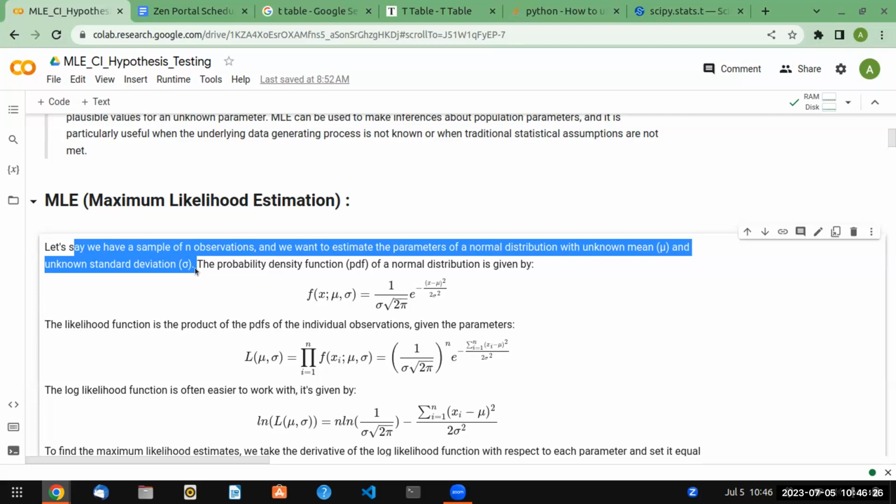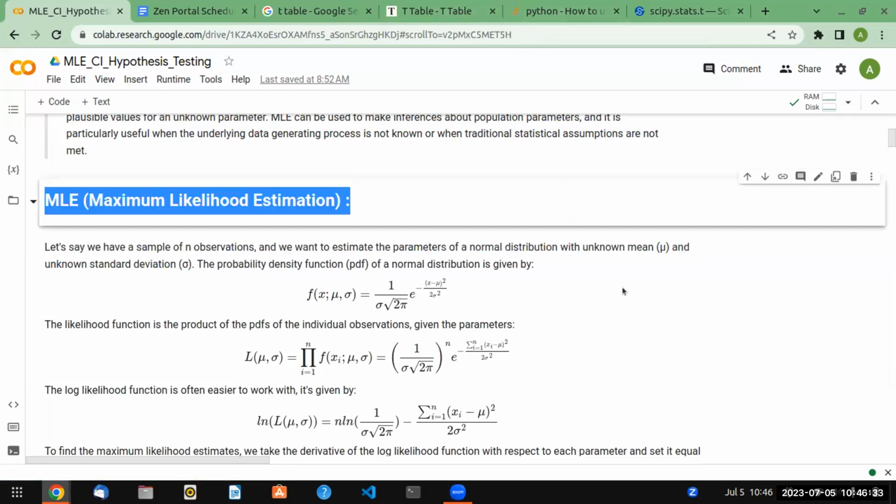By understanding this concept, you can understand how the mean and standard deviation formulas were derived. The standard deviation formula is the root of the summation of xi minus mu. This was the standard deviation formula. How this formula is derived, you will understand from this MLE, because this is how you calculate the maximum likelihood of something.